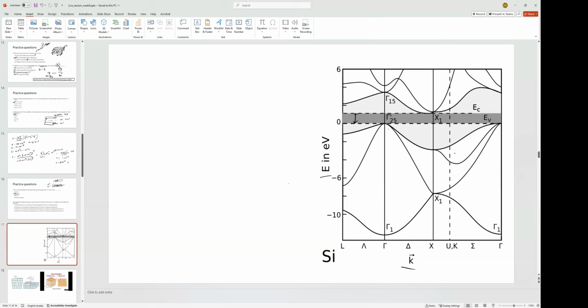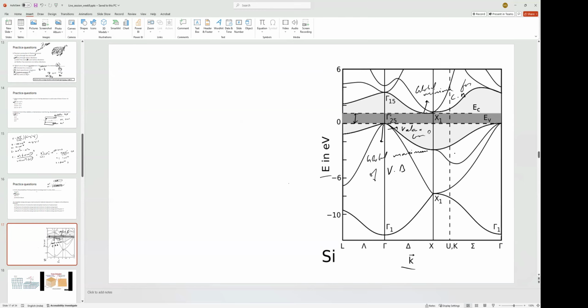For conduction, this is your valence band. So this point is your global maximum of the valence band, and this point is your global minimum for the conduction band.